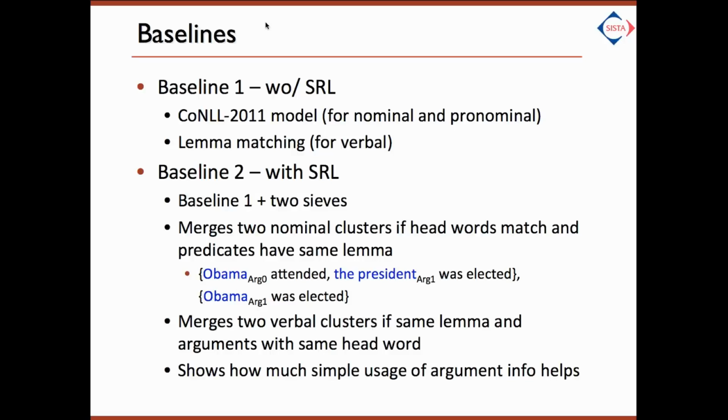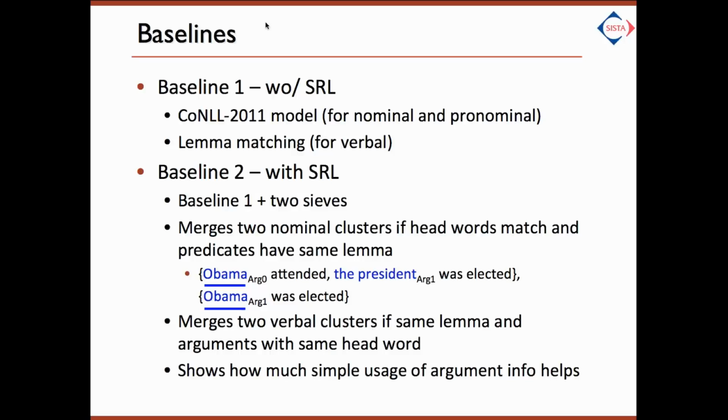And the idea is that we merge two nominal clusters if the headwords match and their corresponding predicates have the same lemma. So for example, you have two clusters here: Obama attended, the president was elected, and Obama was elected. So the headwords match. I think I even have an underline for that. The headwords match.